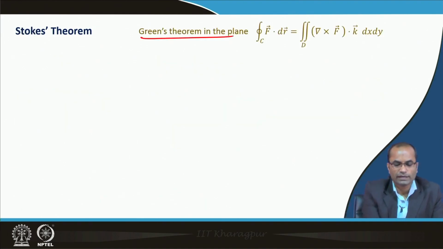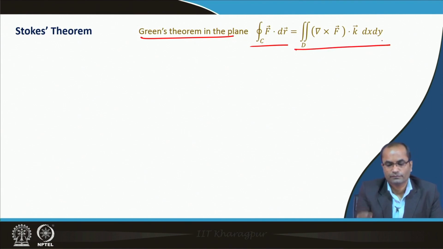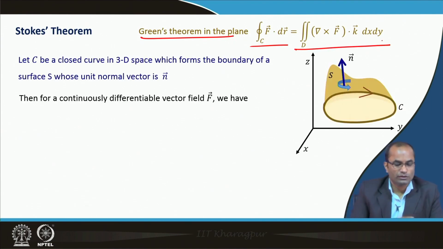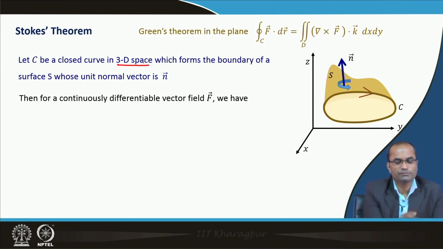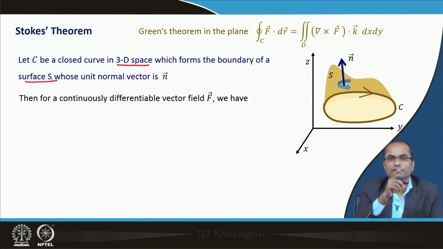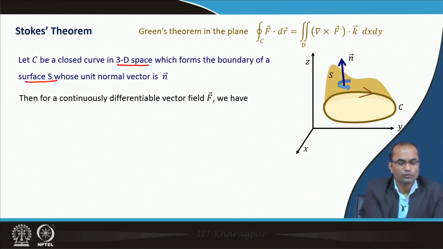So, what will happen now to the new result that we will come up with? The Green's theorem again in the plane was given by this. Now we let C be a closed curve in 3D space, instead of 2D space, which forms a boundary of a surface. Naturally, if we are talking about a curve in 3D space, its boundary will be a surface whose unit normal vector is n.